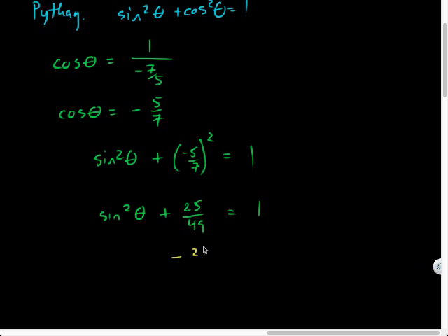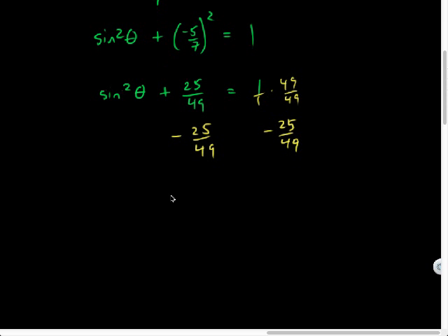Subtract it from both sides. And I'd need a common denominator here, which would be 49. So 49 49ths minus 25 49ths. I believe I get sine squared theta equals, what's that, 24 49ths?